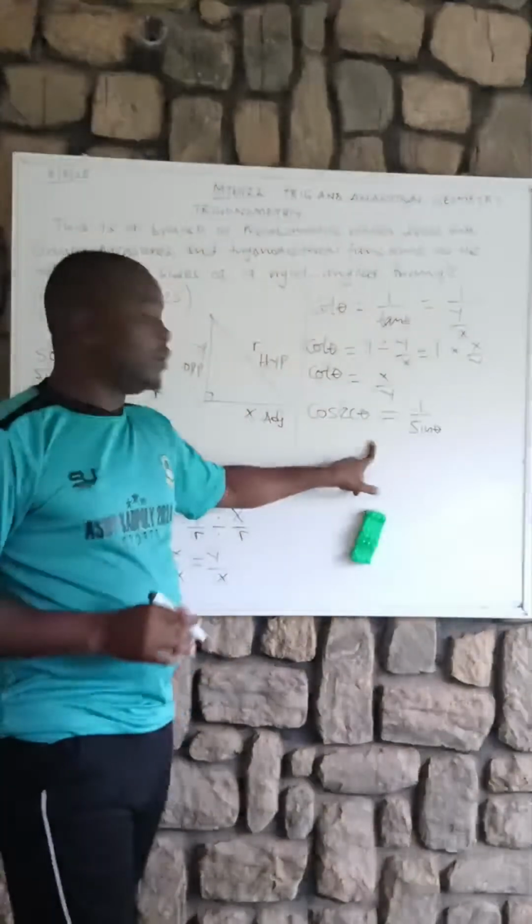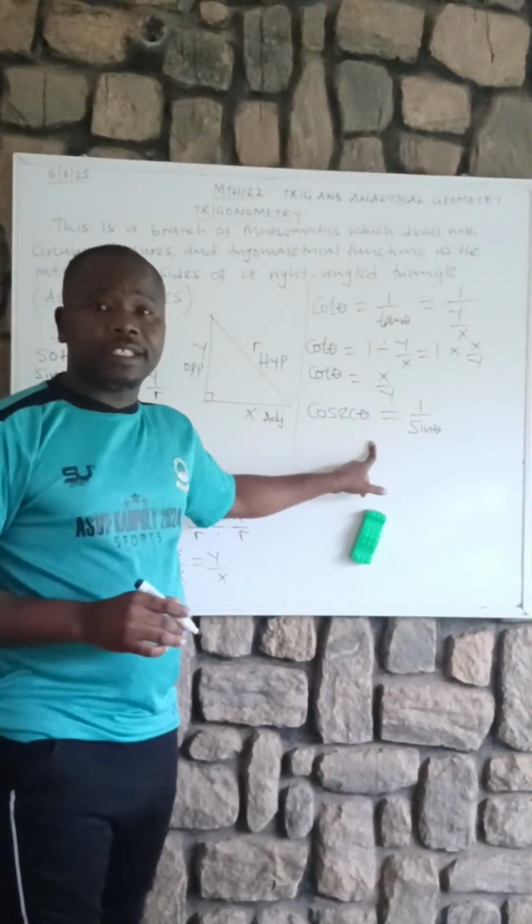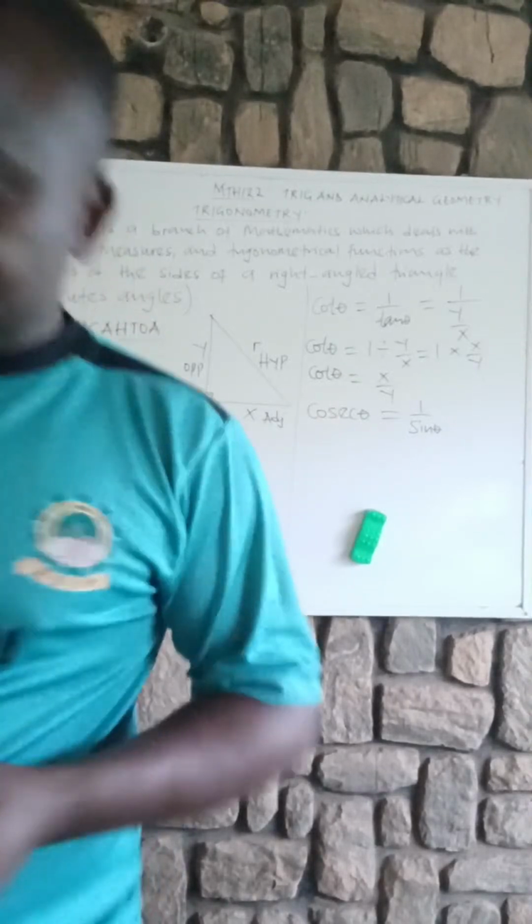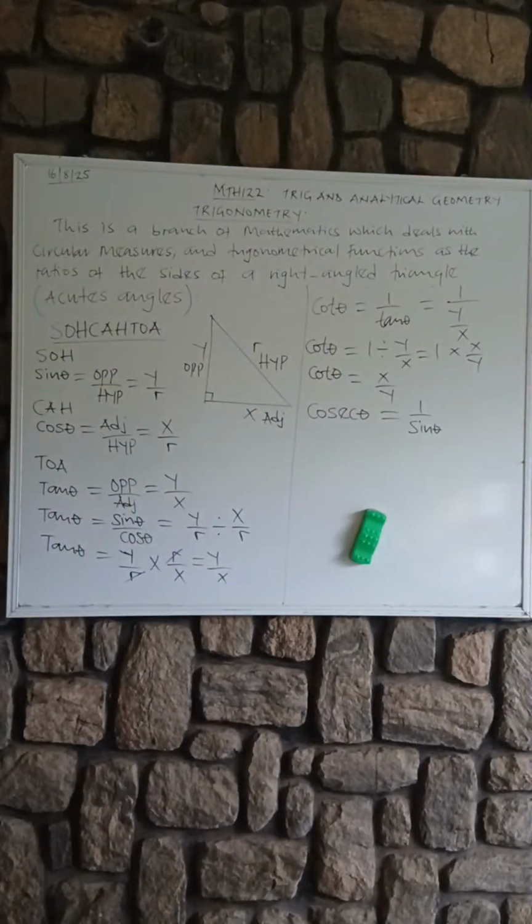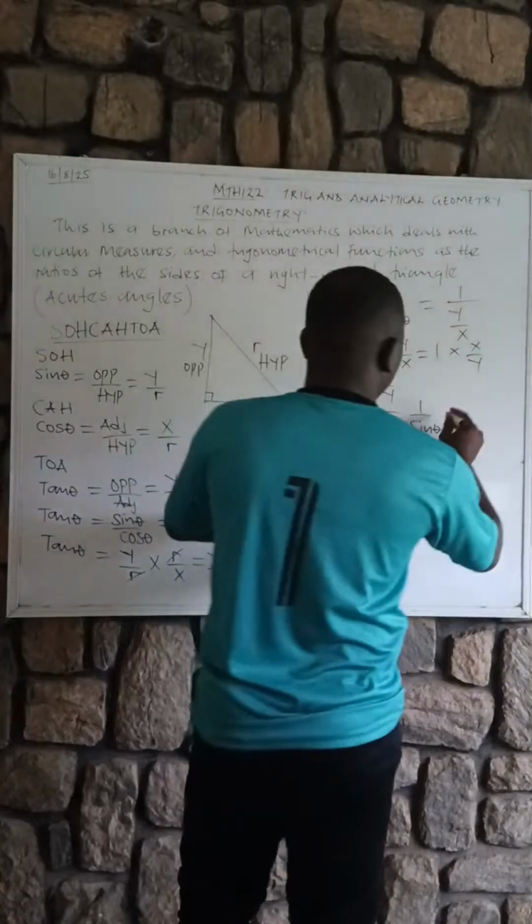Cosec theta will give us 1 all over sin theta. Look at the board. Am I right? Yes or no? Yeah, I'm right.